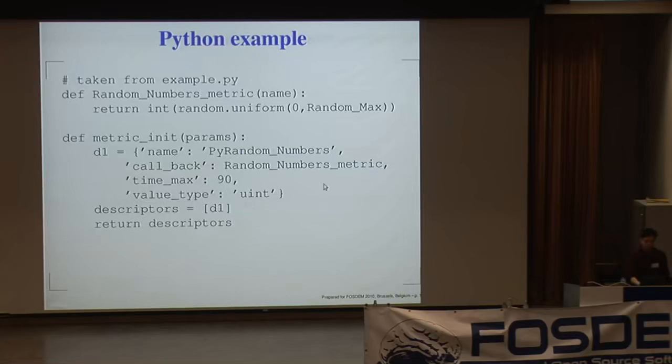The time max here is how long it takes before you would feed it the data, and the unit here is just an integer. It's actually pretty straightforward. In the wiki page we have some documentation on how to write these modules.